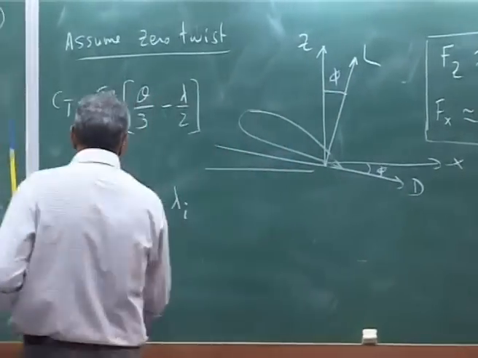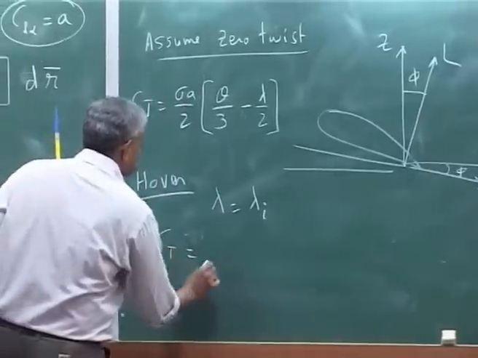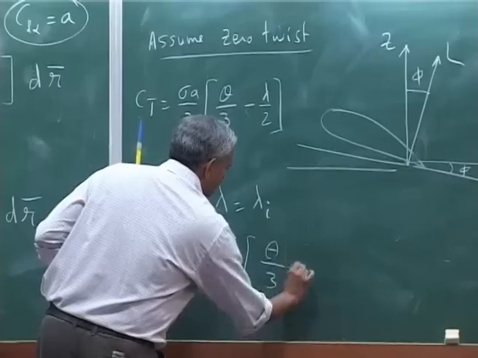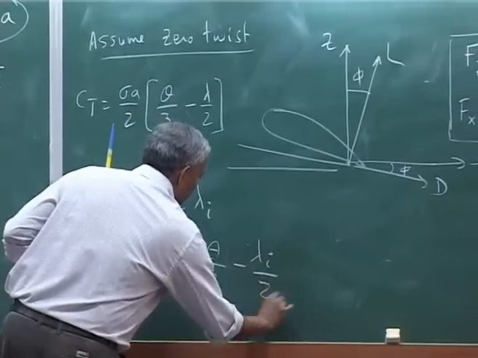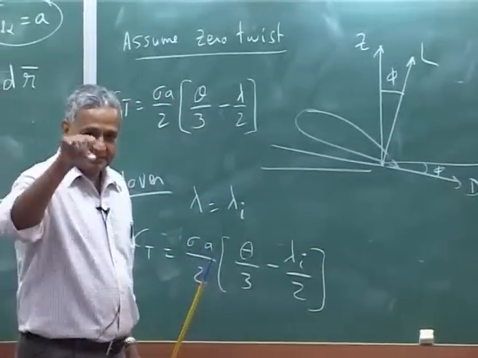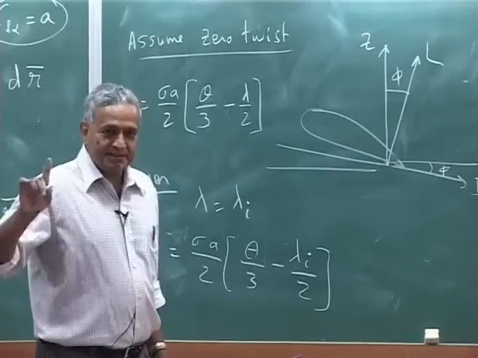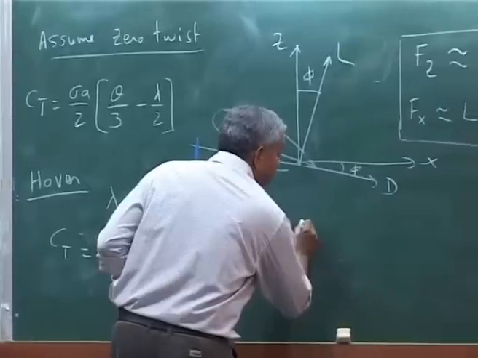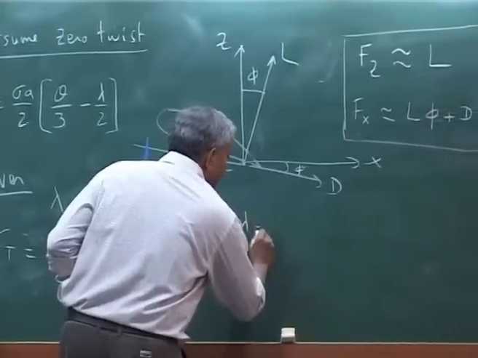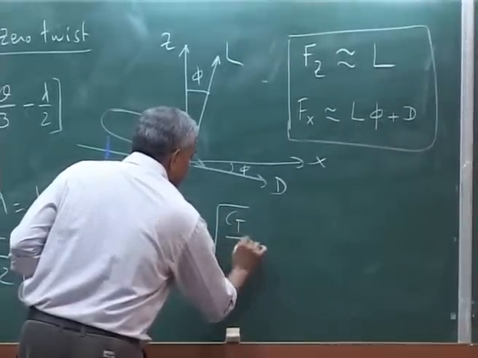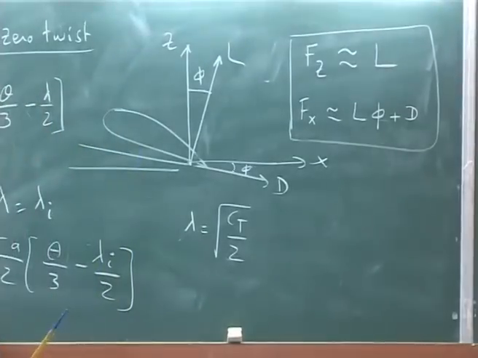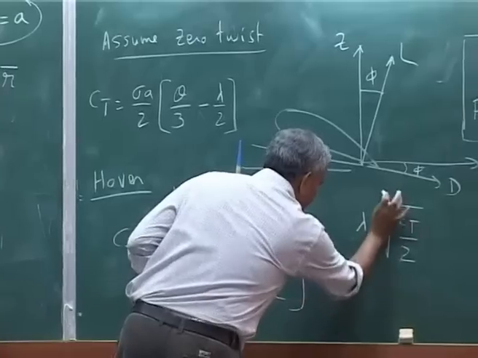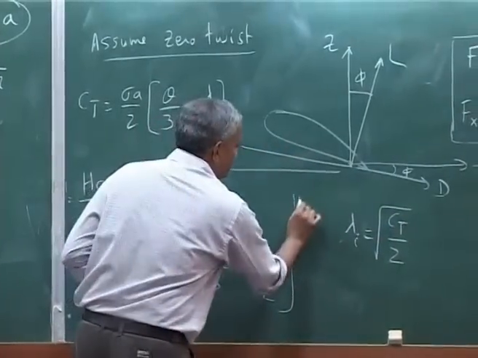Then I will have my Ct is sigma A over 2, theta over 3 minus lambda I over 2. But what did momentum theory in hover give me? Lambda is the root of... Sorry, I should use the symbol lambda I, because this is for hover.